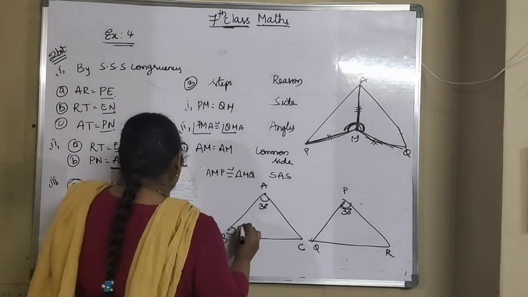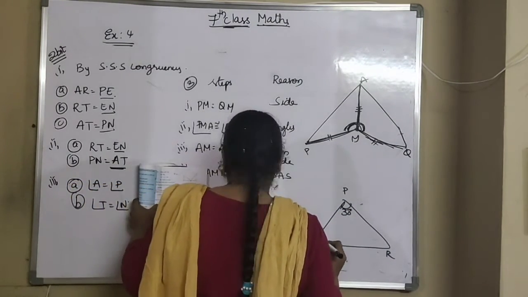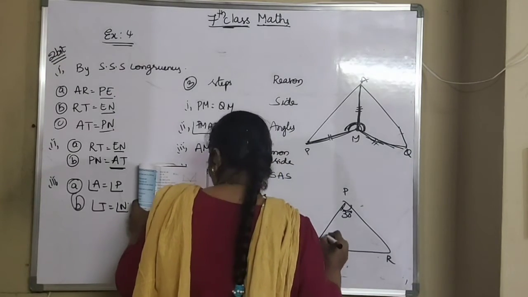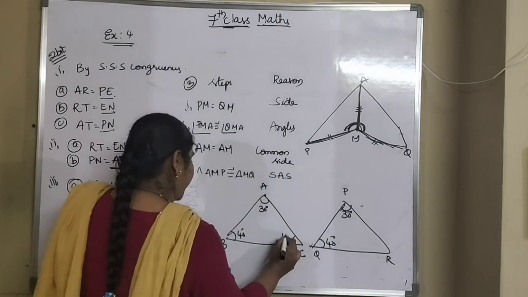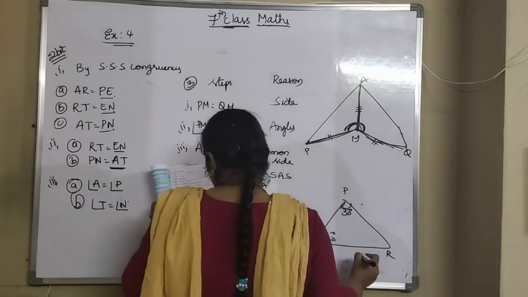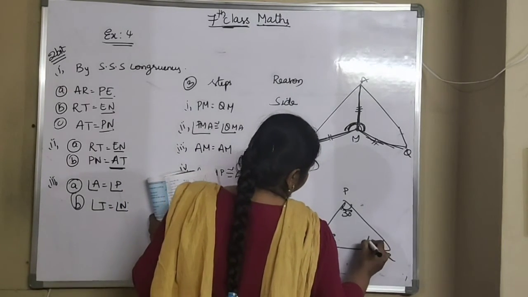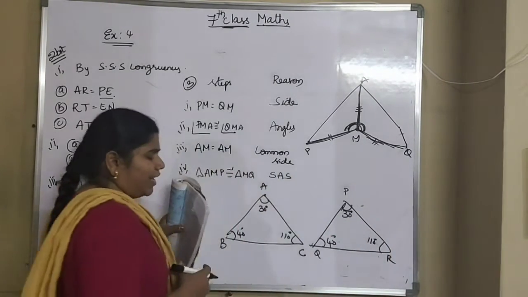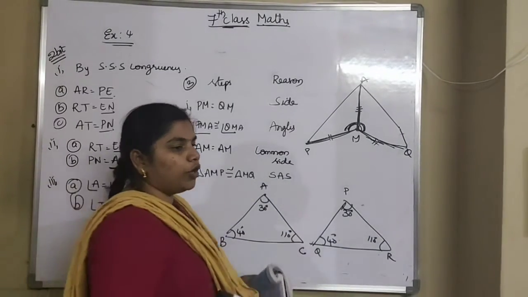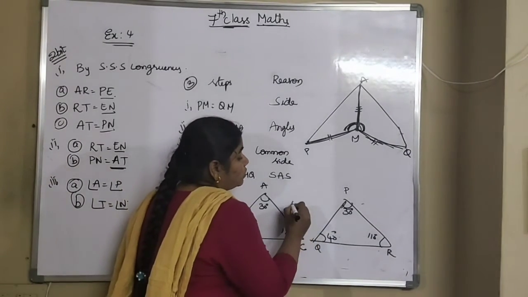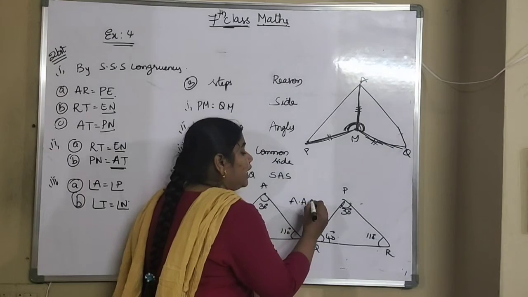Angle B is 40, angle Q is 40, and angle C is 110 degrees, and angle R is also 110 degrees.